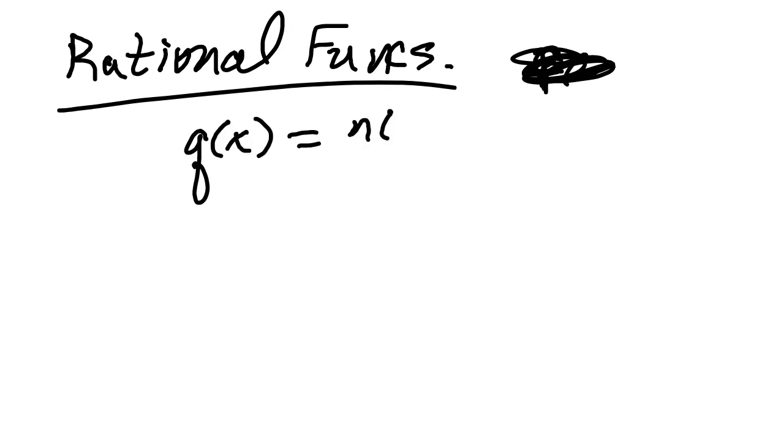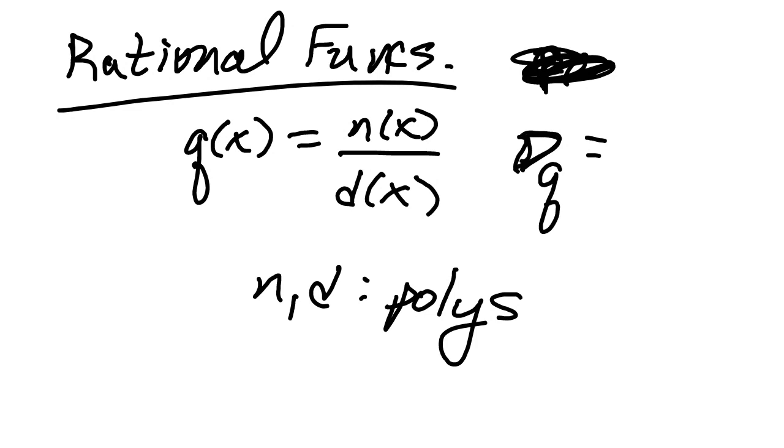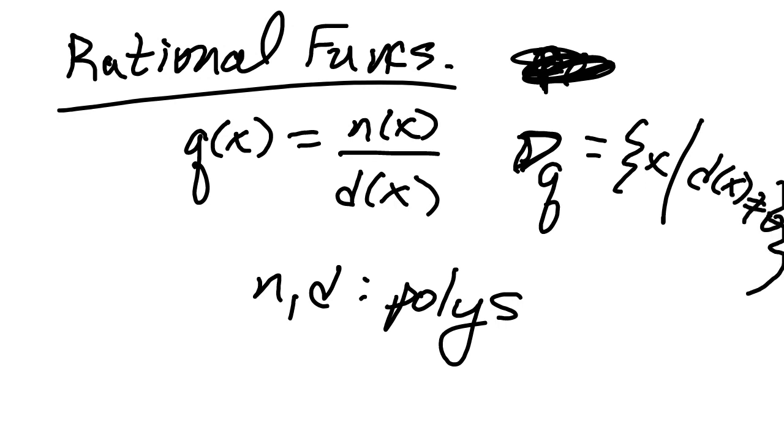But anyway, a numerator function divided by a denominator function where n and d are polynomials. So basically, what's the domain of a rational function? It's the set of all x's such that the denominator doesn't equal 0. So d of x is not equal to 0, however you want to do that. Okay, so pretty basic stuff there.